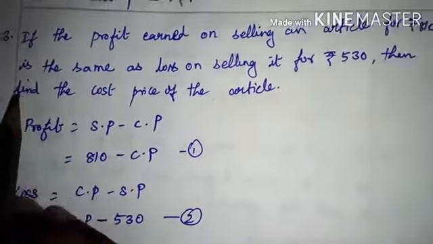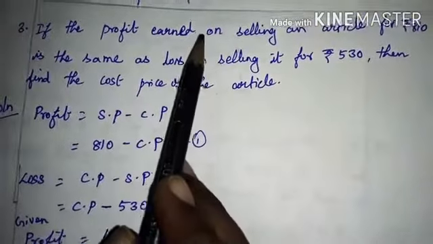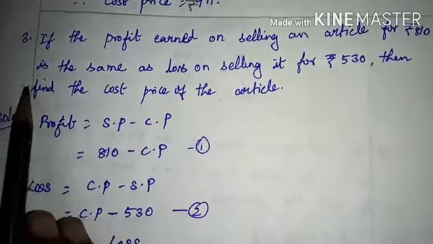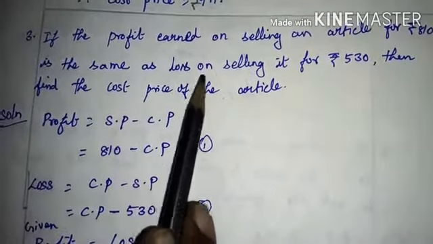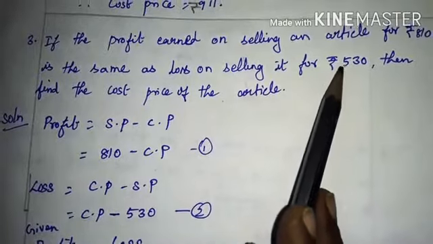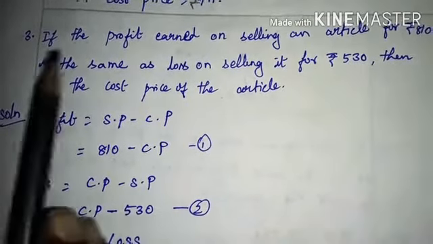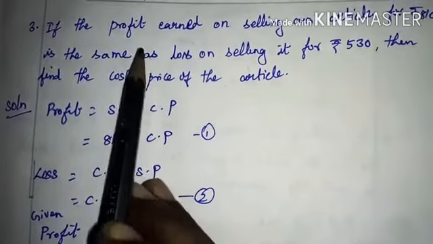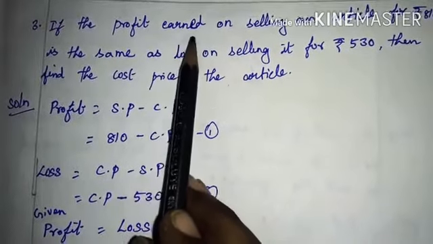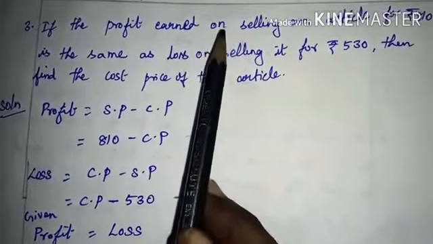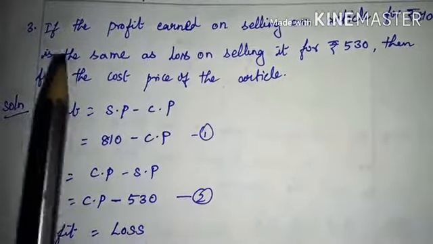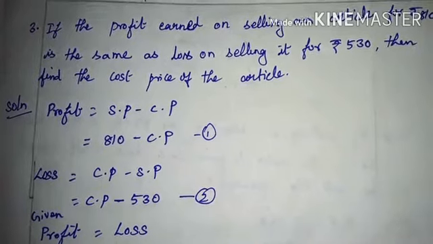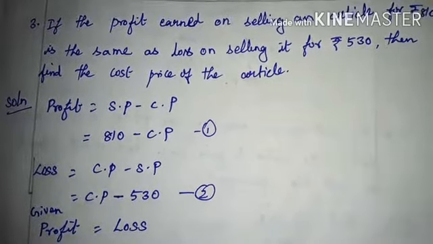Third sum: if the profit earned on selling an article for rupees 810 is the same as the loss on selling it for rupees 530, then find the cost price of the article. An article earns a profit when sold for rupees 810, which is the same as the loss when it is sold for 530, so both are equal.